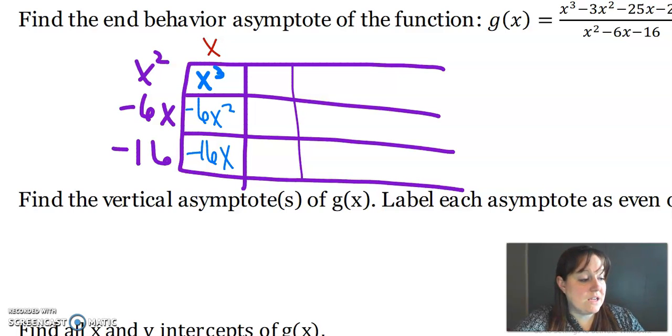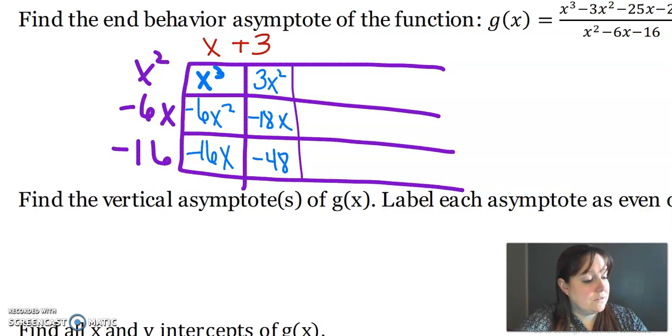So right now I have negative 6x squared, and so this is going to have to be positive 3x squared, so that when I add them together, I'll get negative 3x squared. And so what does this have to be up here? This has to be positive 3, so that those would multiply together. So that makes that negative 18x, and that makes that negative 48.